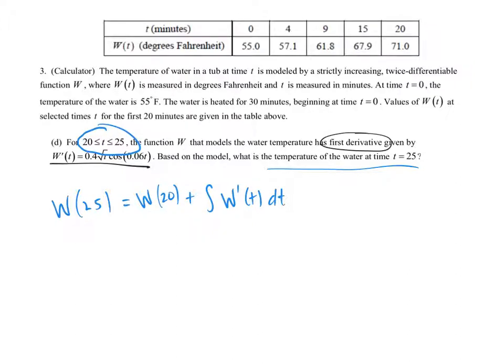That's now going to help me figure out what the bounds on my definite integral are going to be. 20 was the given, so that goes on the bottom, and 25 is what we want, and so that is going to go on the top. Okay, from there I'm going to let the calculator do the rest of the work. And so typing this into the calculator, just replacing W of 20 with its value from the table there, I'm going to get the final answer of 73.0431 degrees Fahrenheit.